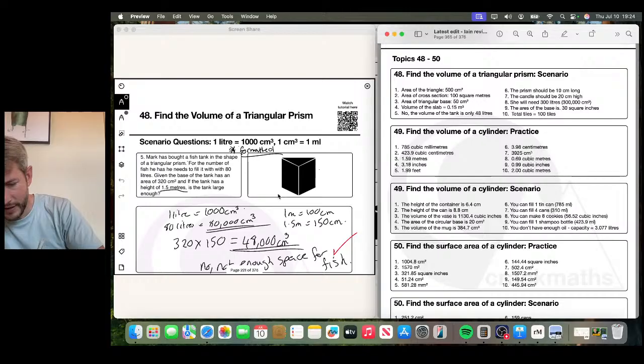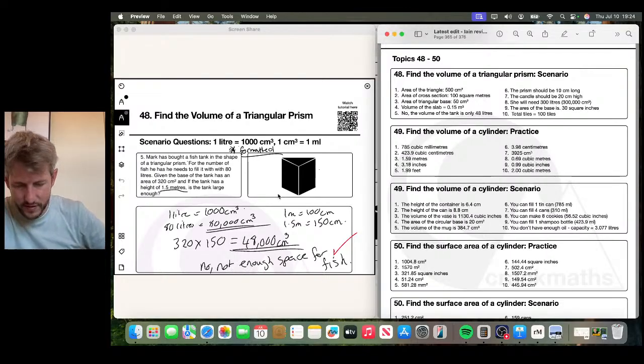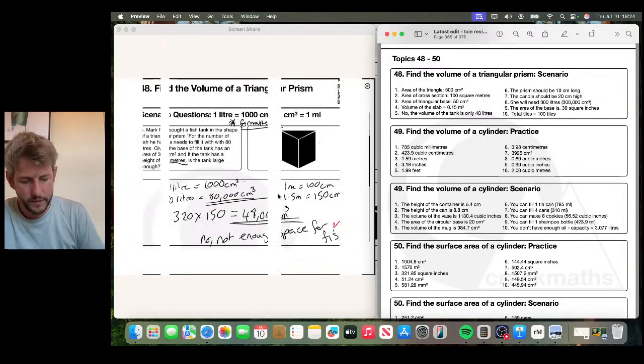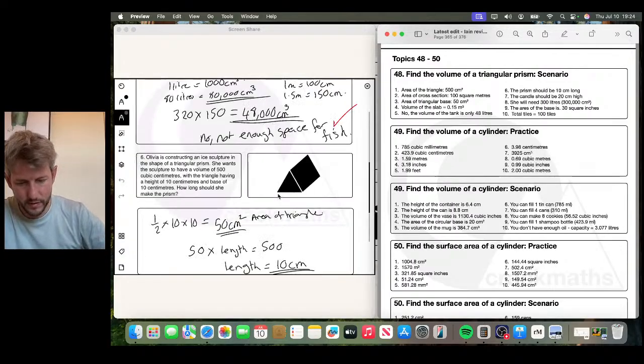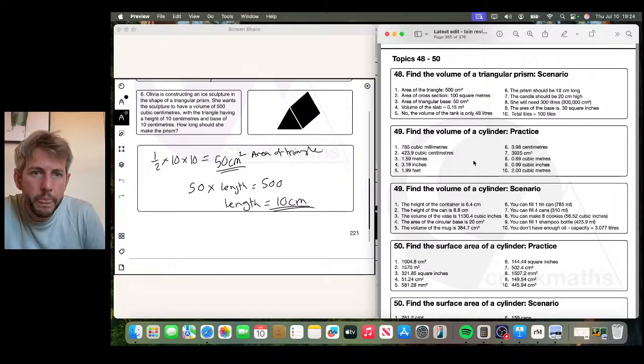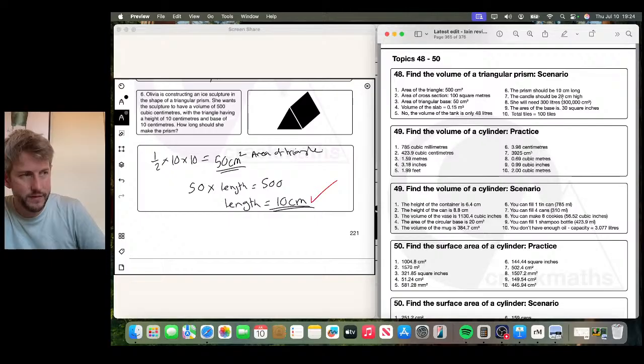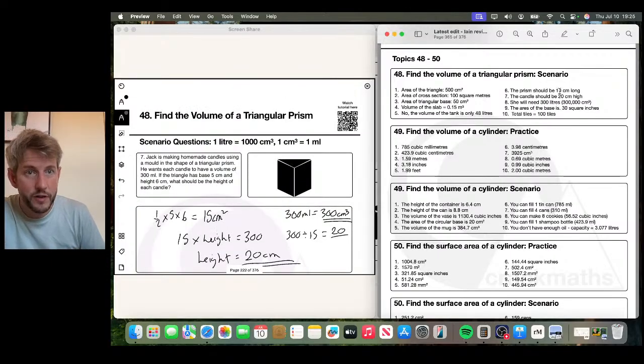So, let's mark these. So we have got question 6 will be 10 centimeters. Excellent. Question 7 is 20 centimetres.